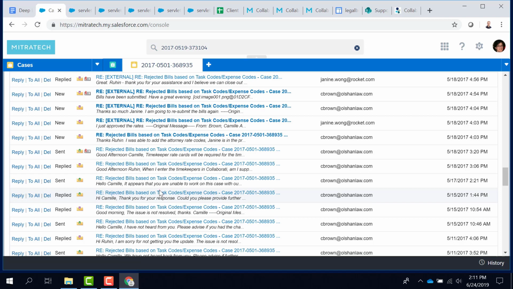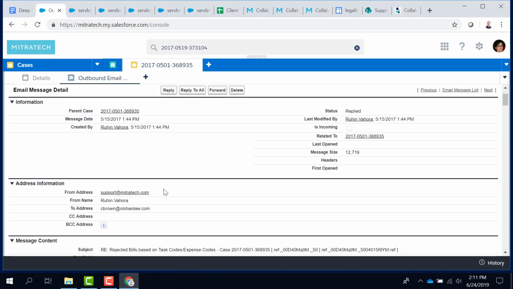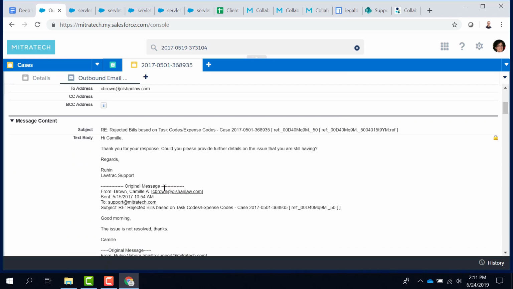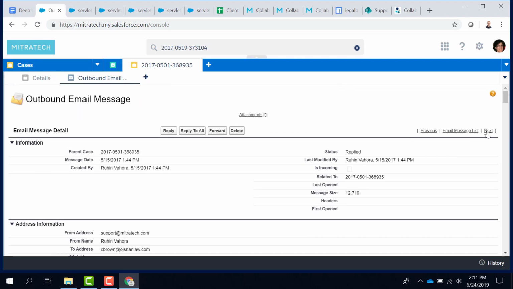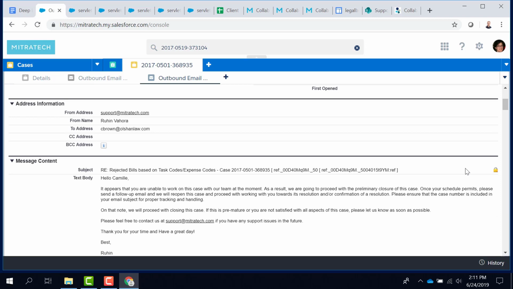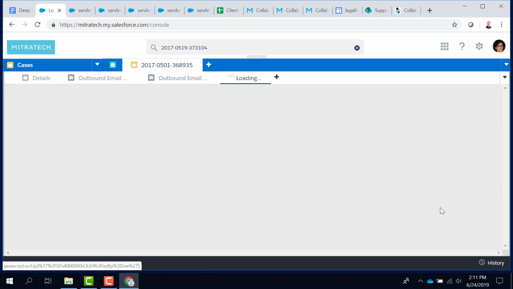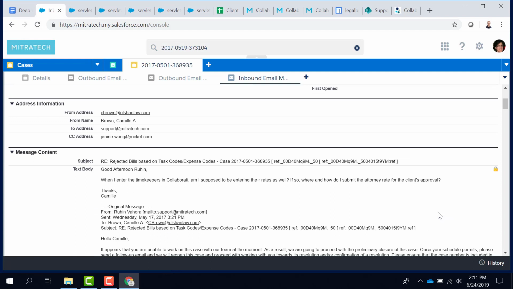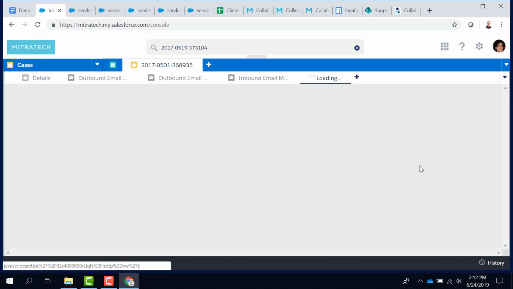Okay, so here we are again. Could you please provide further details? When I enter the timekeepers in Collaborati, am I supposed to be entering their rates as well? If so, where and how do I submit the attorney rates for the client's approval?